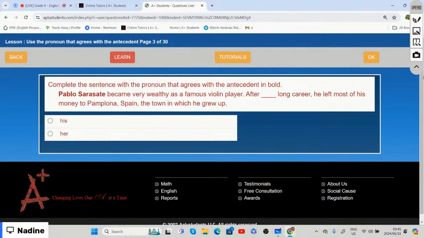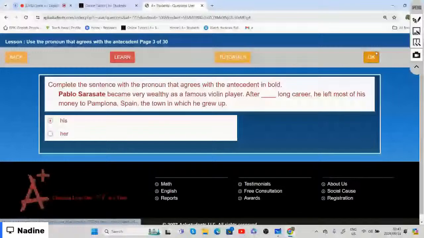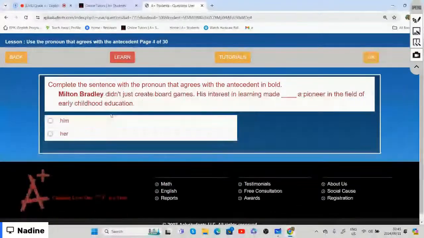So we need to select the pronoun that refers back to Pablo Sarasate. So we can say after his long career, he left most of his money. So it's he, because he's referring to Pablo, who's a male, right?